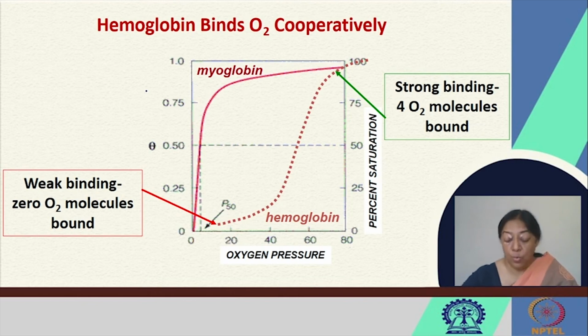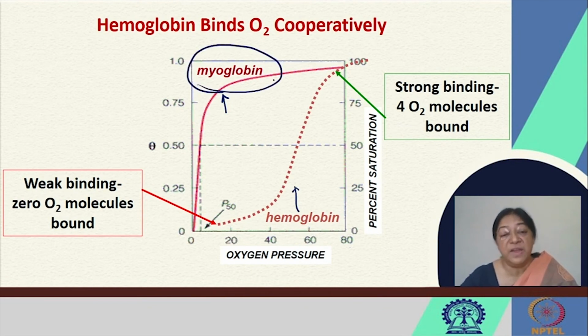We had the hyperbolic curve for myoglobin and the sigmoidal curve for hemoglobin. And we understand the reason why this is extremely necessary for myoglobin to be a very good storage protein, and hemoglobin to be a very good transport protein, where both of them will have high or strong binding at high values of the partial pressure of oxygen.